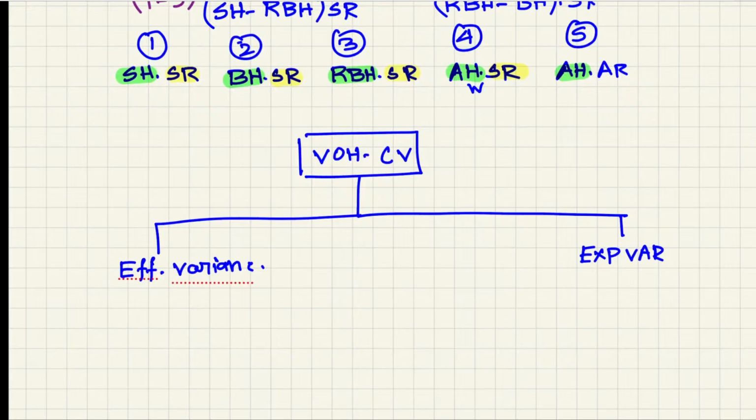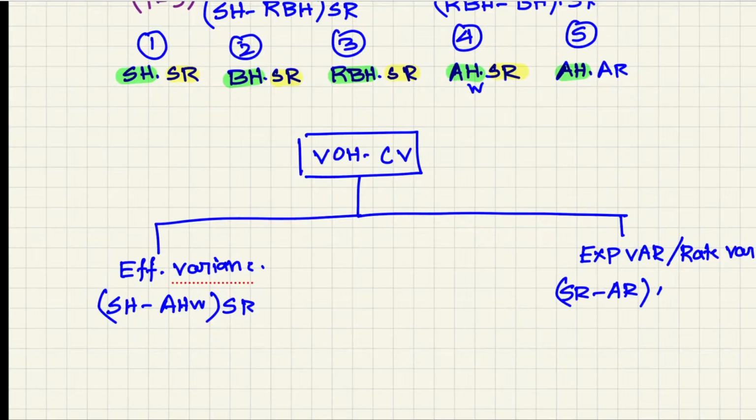So the efficiency variance is the same formula: SH minus actual hours worked at standard rate. And expenditure variance is also called rate variance. So the variance is because of rate: standard rate minus actual rate into actual hours.